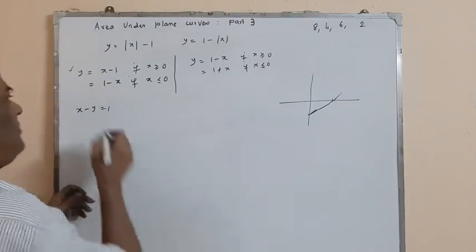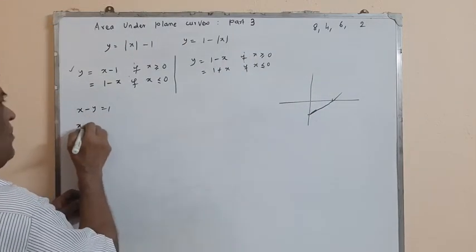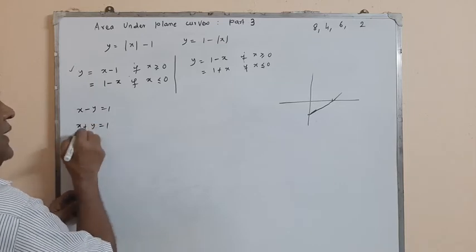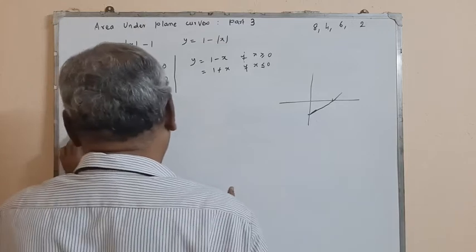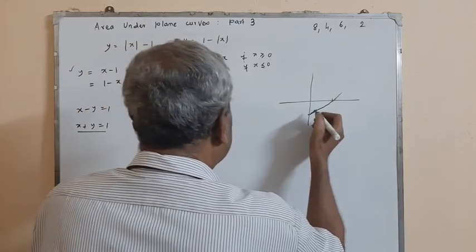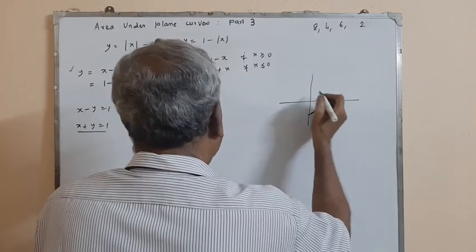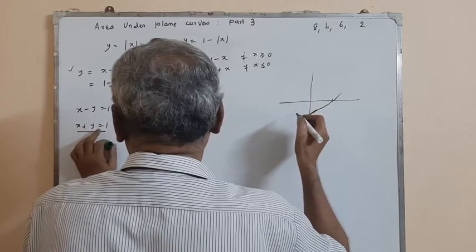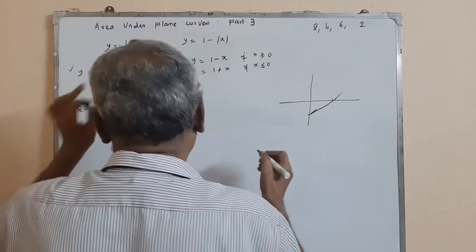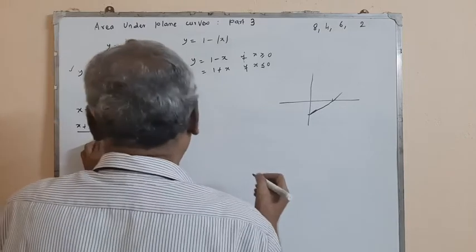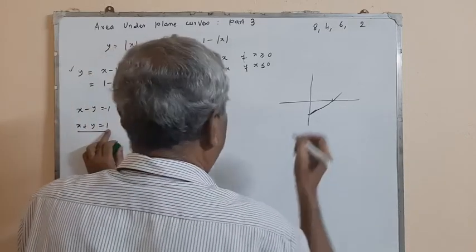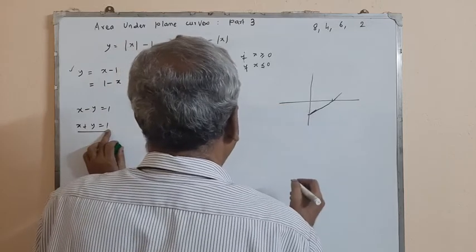This one is x plus y is equal to 1 when x is negative. So x by 1, y by 1.